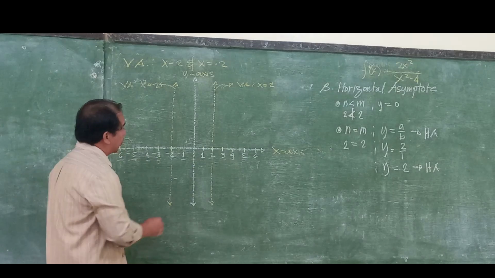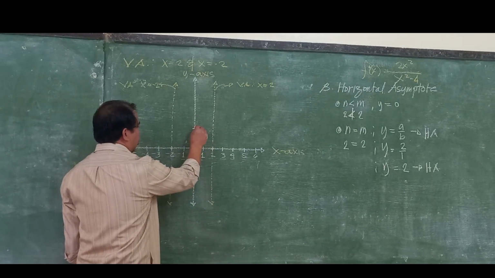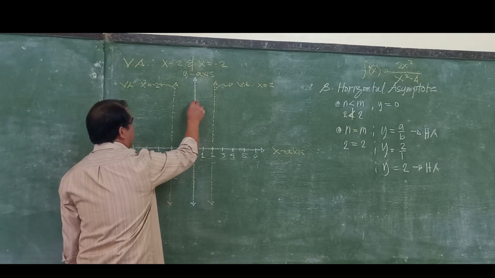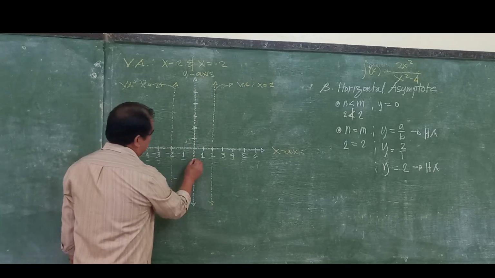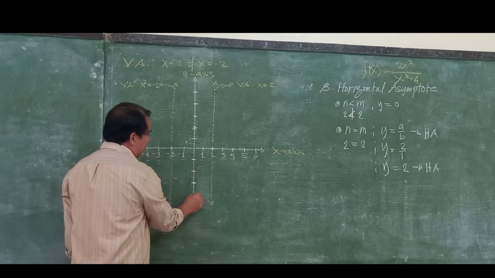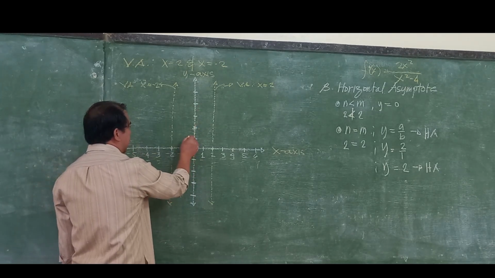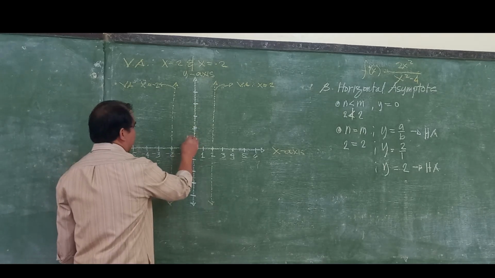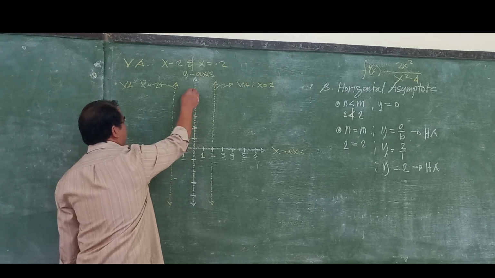If this is my positive 1, this is positive 2, positive 3, positive 4, positive 5. This is negative 1, negative 2, negative 3, negative 4. So you calibrate by saying that is 1, this is 2, this is 3, 4, and 5.